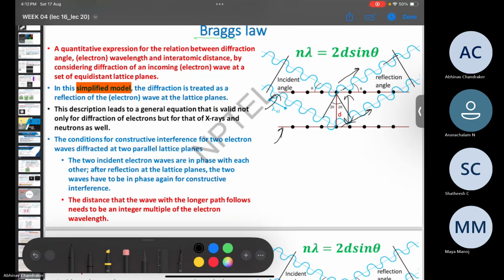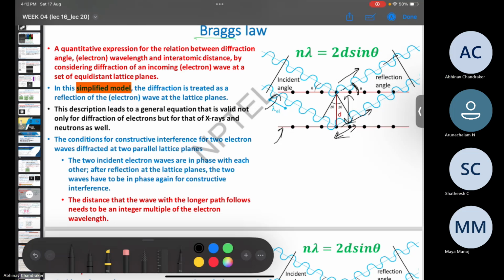And if the angle is of a certain value, what happens is that the phase difference is such that you get constructive interference. The path difference is almost equal to the wavelength or a multiple of the wavelength of the incoming wave, and as a result you get constructive interference.